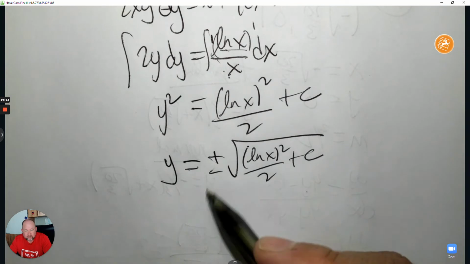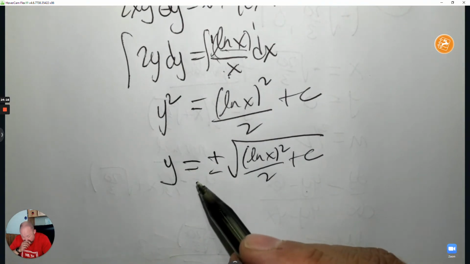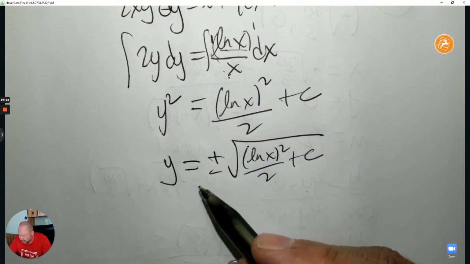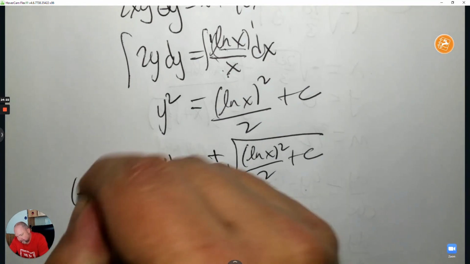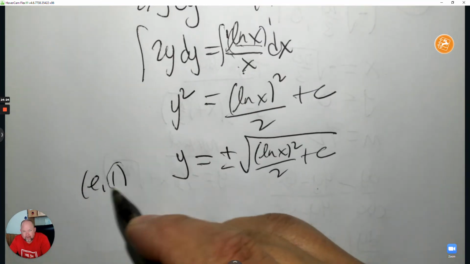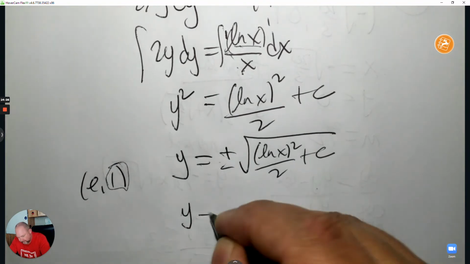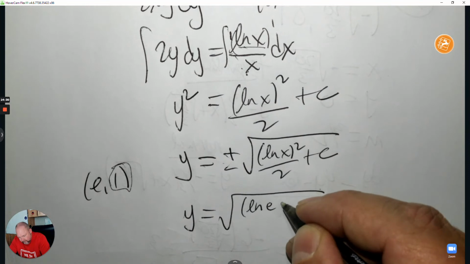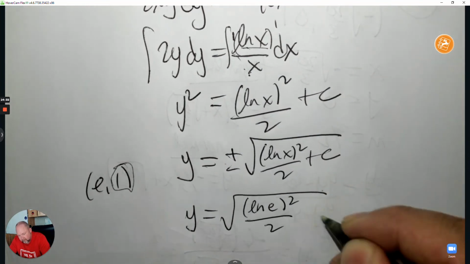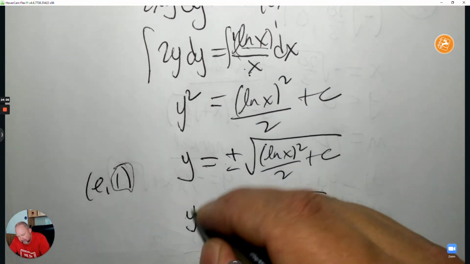Next, take the square root. The answer could be positive or negative. When I look at question number 32, the point is e and 1. So because the y coordinate is positive, we're going to use the positive value, and this is equal to 1.